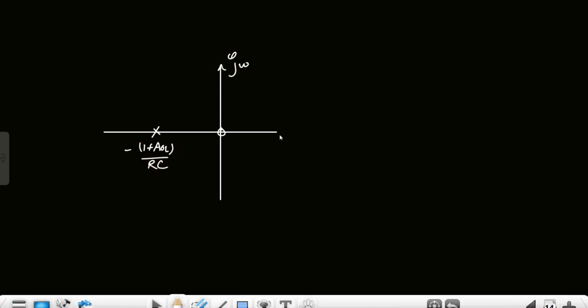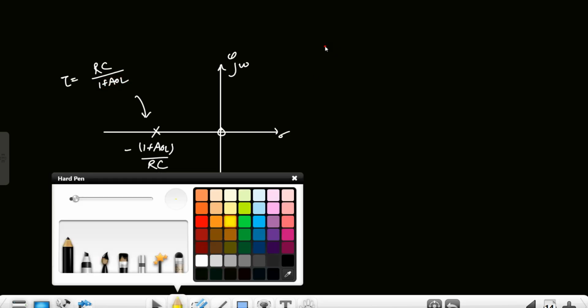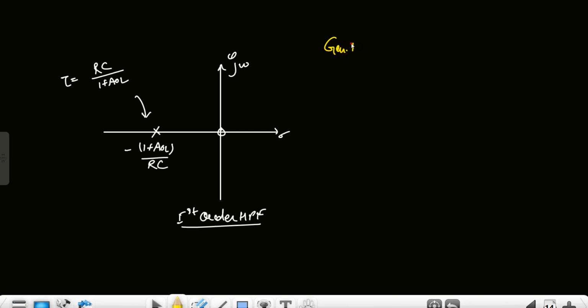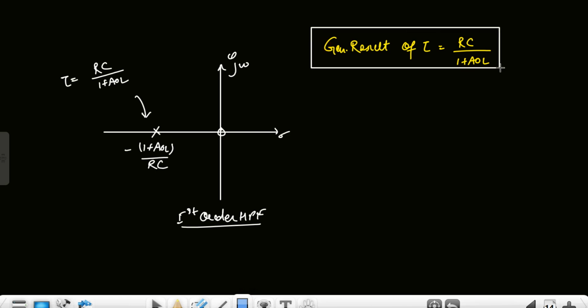So this is a first order high pass filter, on the first order high pass filter pole-zero plot, and from here the time constant is RC upon 1 plus AOL. So this is the generalized result of the time constant of the differentiator circuit, which is RC upon 1 plus AOL. This is the generalized result.